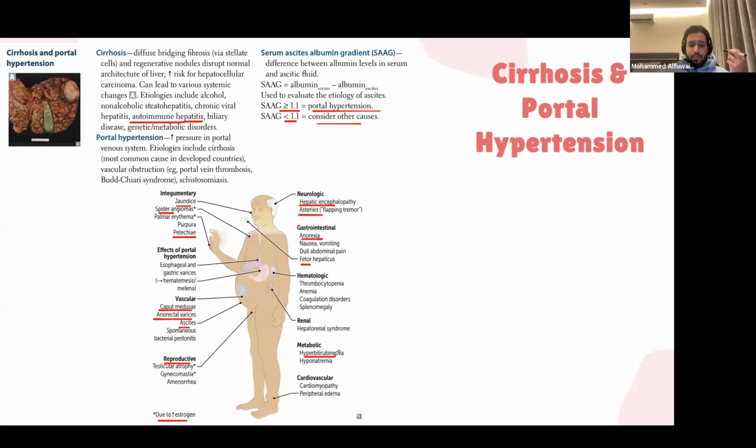Metabolic, we've discussed hyperbilirubinemia, hyponatremia, and then cardiovascular, cardiomyopathy, and so on. And peripheral edema. We've discussed the pharmacology, we've discussed the cirrhosis and portal hypertension. We've discussed everything so far. Is there anything you want me to repeat for this? This is probably one of the most important diseases in GI that you'll be examined on.